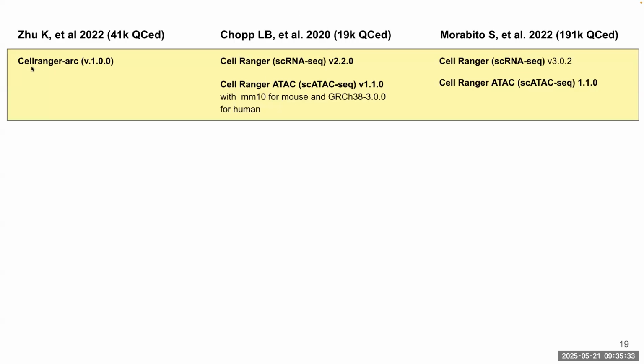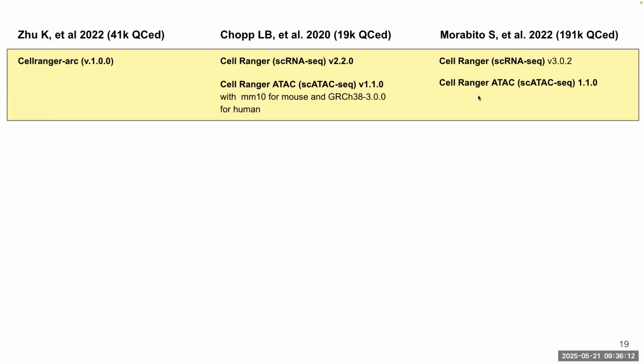In the first article, they use a multiome strategy and the CellRanger-ARC version 1 pipeline, but the authors of the second and third articles use separate strategies to count the matrices. On one side, they use CellRanger to get the counts for the transcriptomic side, and they use CellRanger-ATAC separately to prepare the matrices for the epigenomic data. The third authors do the same. They prepare the data separately.